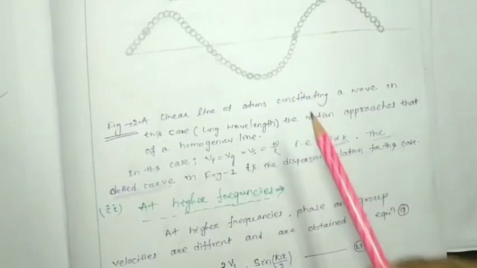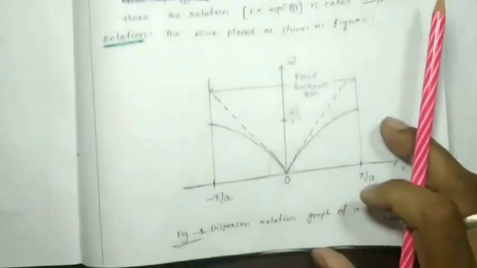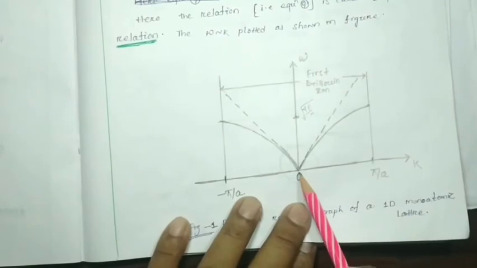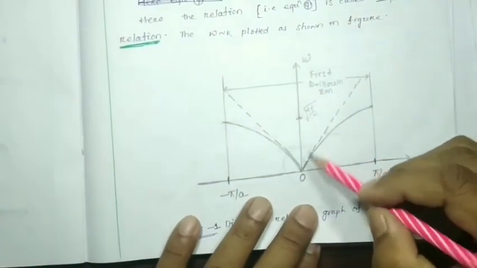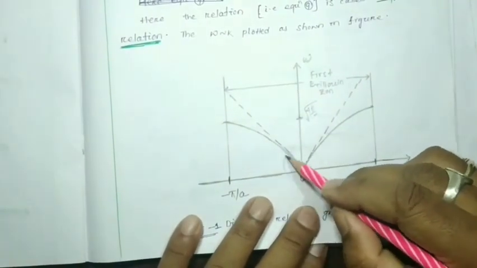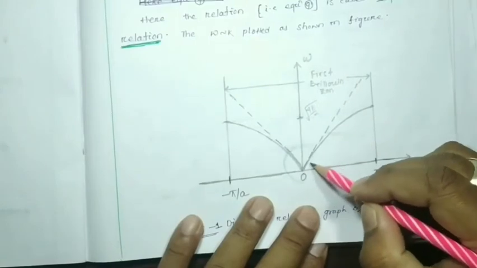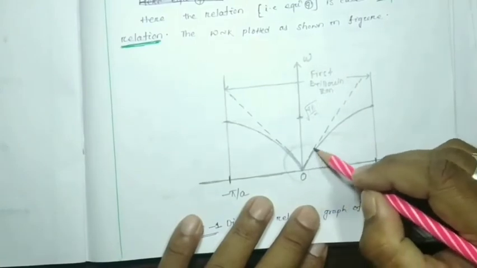So the dispersion relation between omega and k will be linear. That means if k is increased, omega will be increased, up to this much portion.